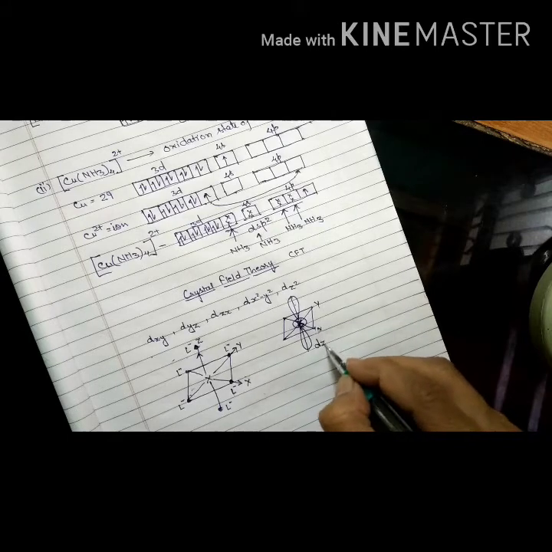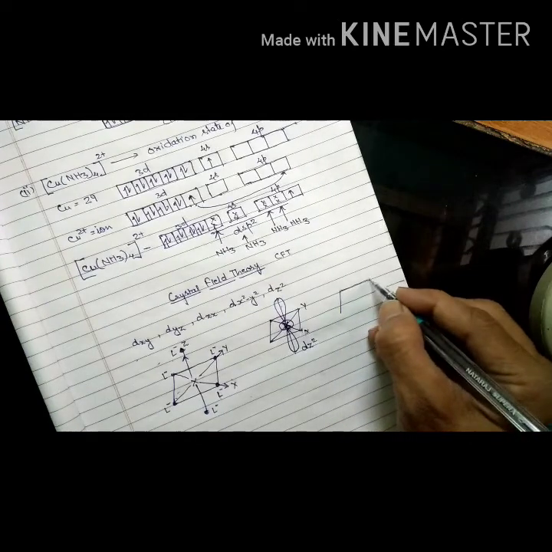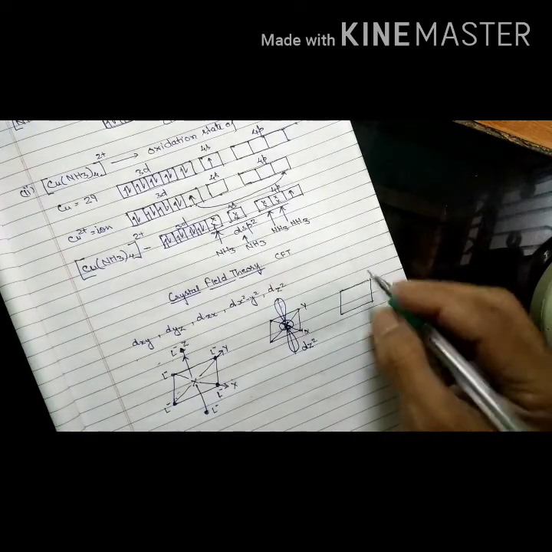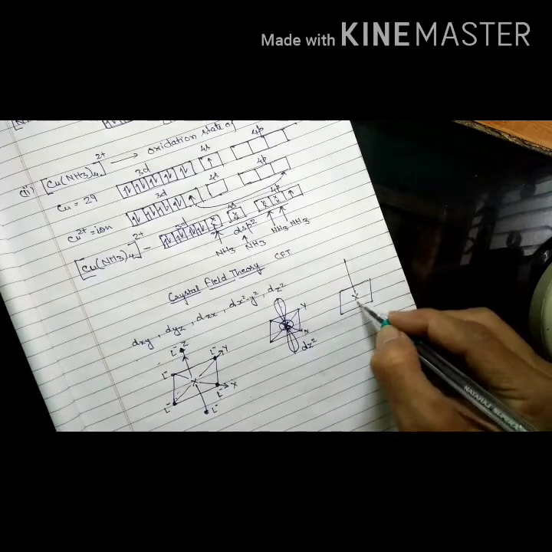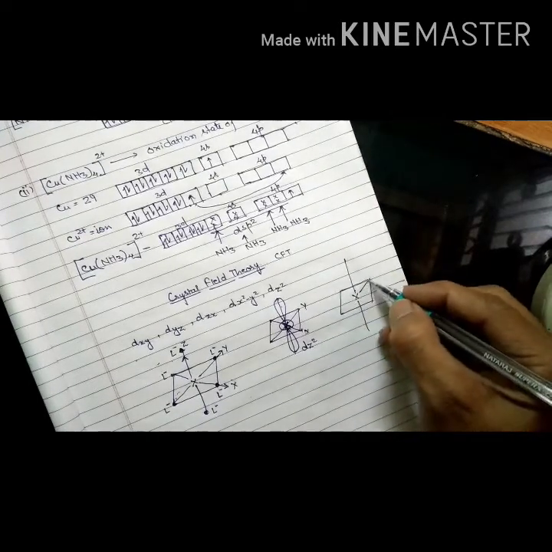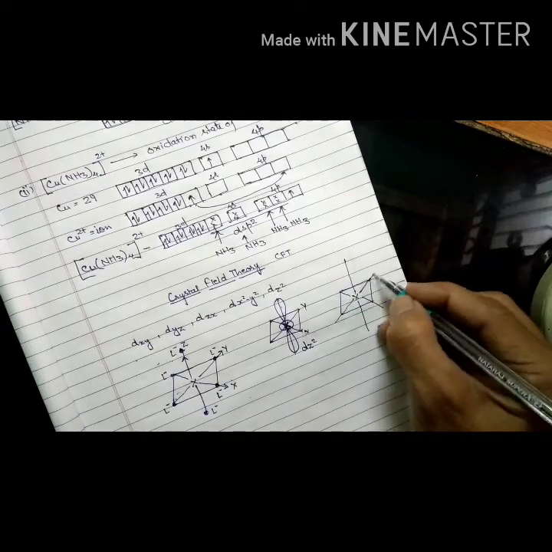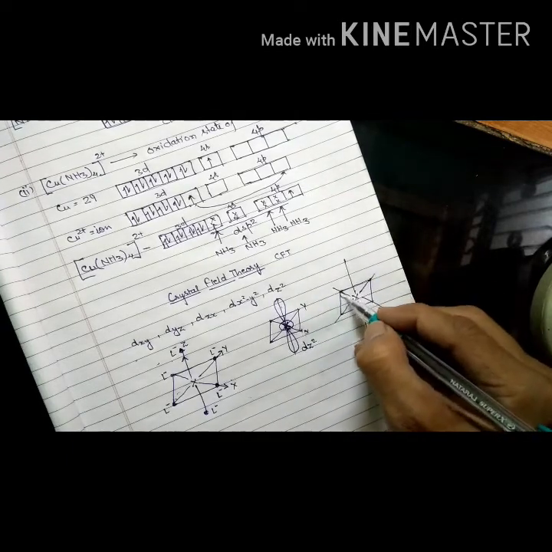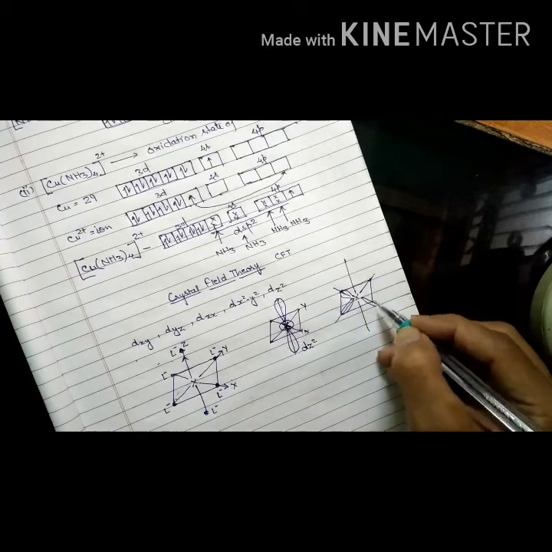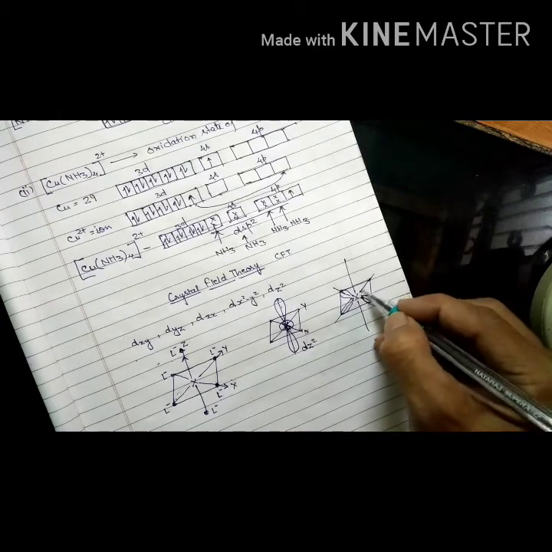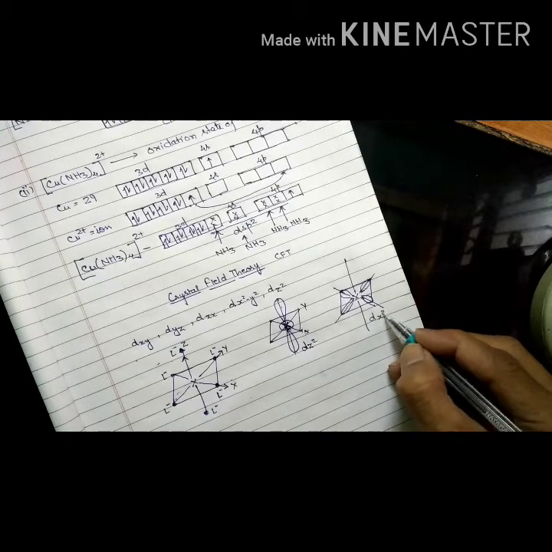It is called d z square. Another one, if orbitals lie on the x and y axis like this, so they are called d x square minus y square.